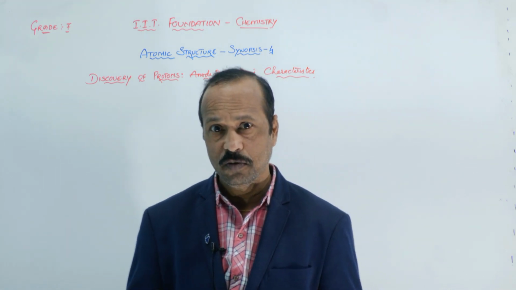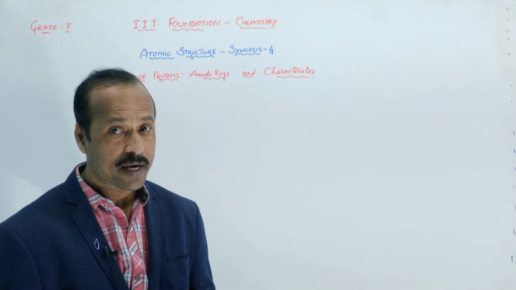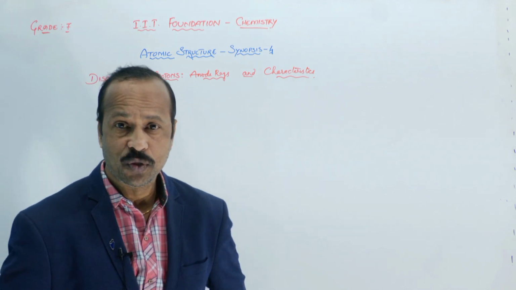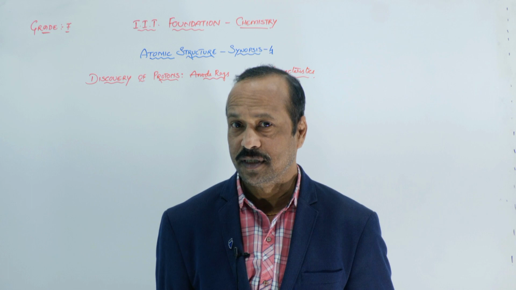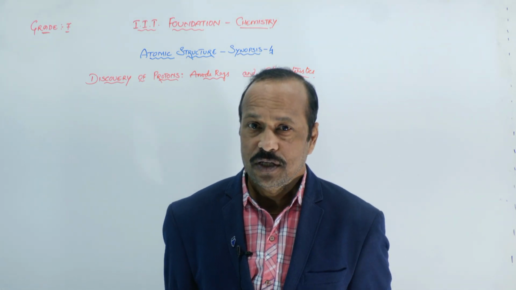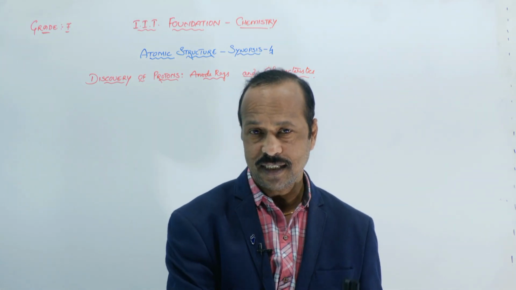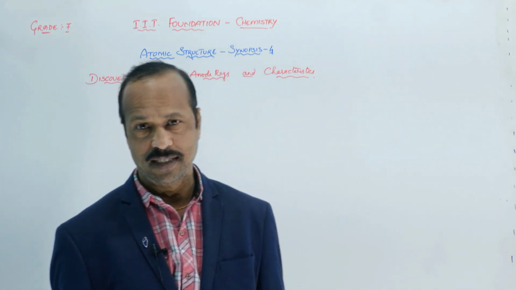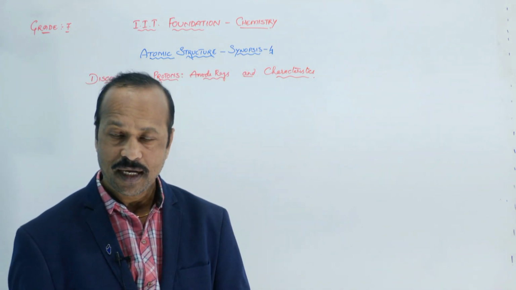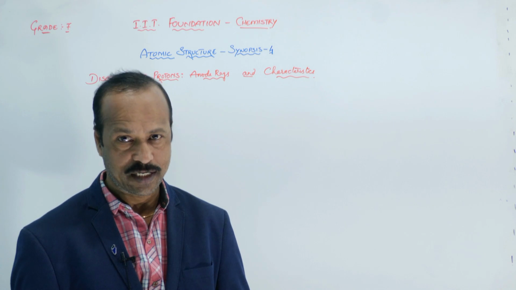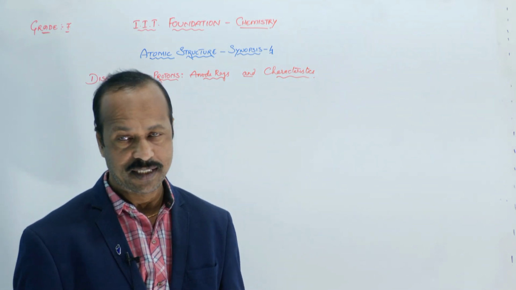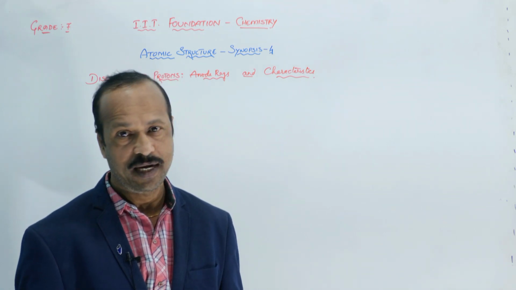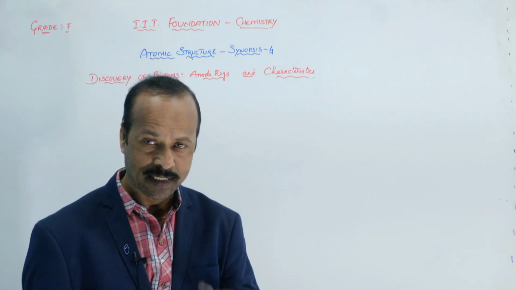And the charge of the electron, how much was it? Minus 1.602 into 10 to the power of minus 19 coulombs, right? So this we discussed in the previous class about cathode rays and electrons, their characteristics and properties, their e/m ratio, and the charge and mass of the electron.